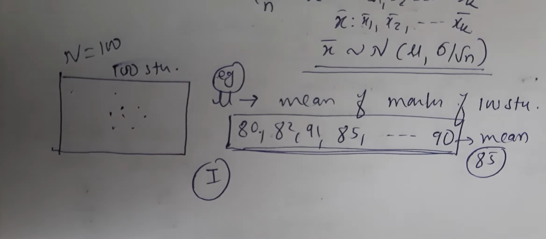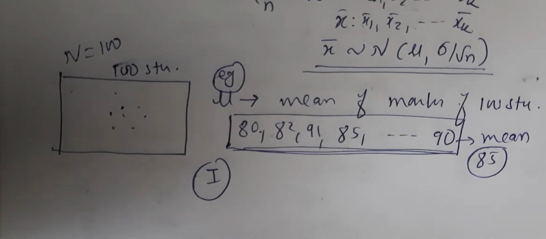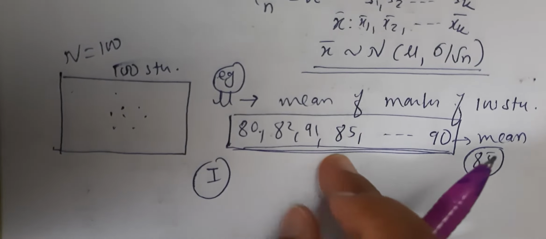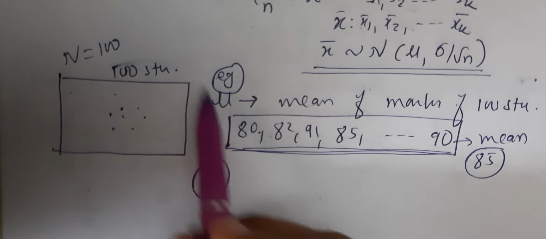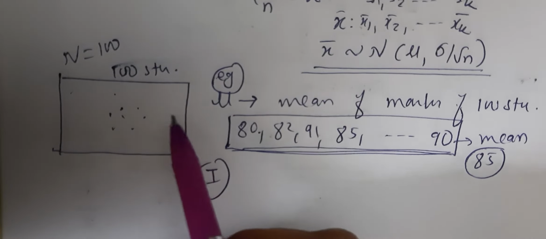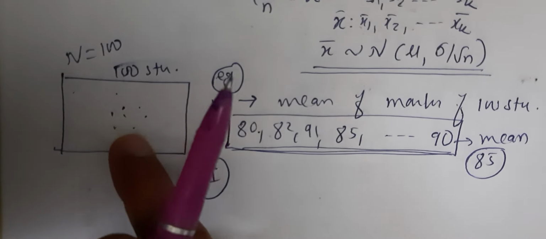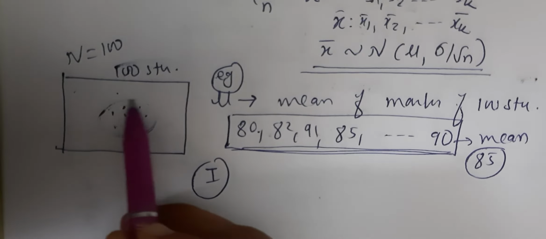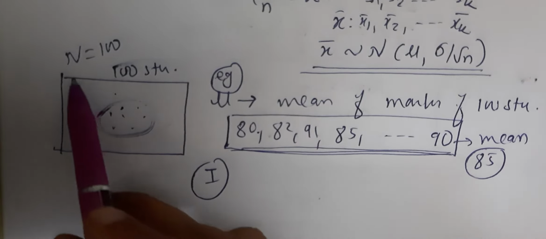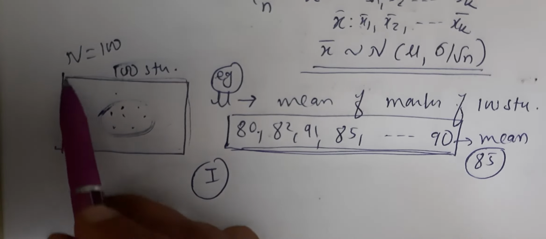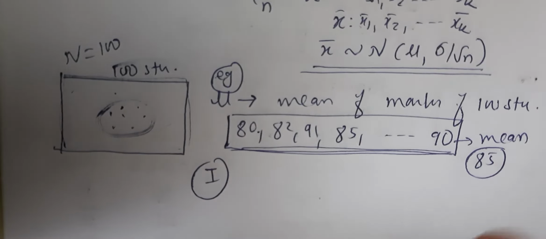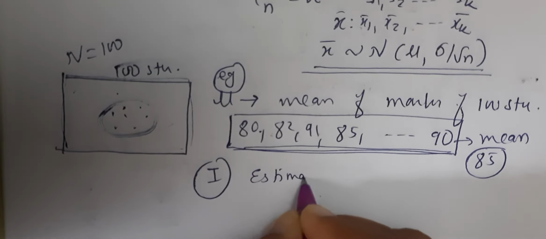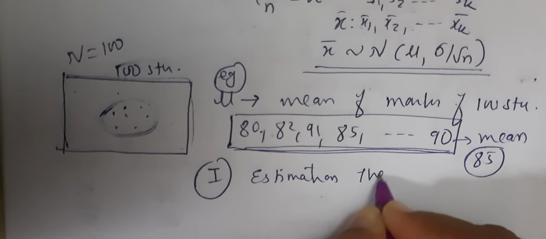From this sample mean, we are trying to find the population mean. From the mean of this small set, we try to find the mean of the entire population. We are going to estimate the mean of the population, and that is actually estimation theory.